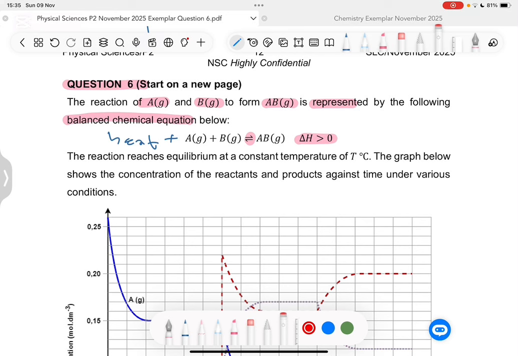The question continues to say, the reaction reaches equilibrium at a constant temperature, T degrees Celsius. Now, when we reach a certain temperature, T degrees Celsius, our reaction reaches equilibrium. I mean, we expected that, as I said, if you have a reversible reaction, there is a chance that at some point it will reach equilibrium.